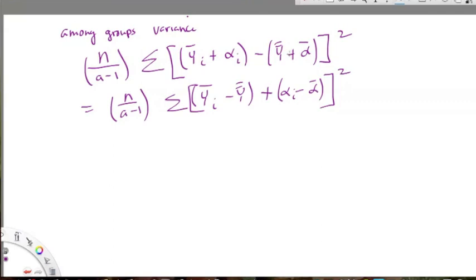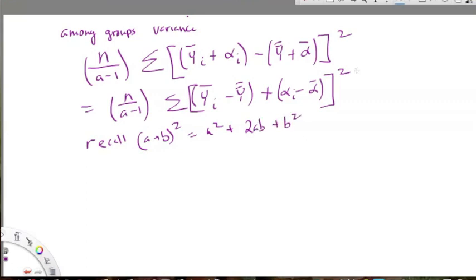Okay, unlike the last time. So now what we have is a plus b quantity squared. So you might want to recall the binomial expansion. A plus b quantity squared equals what? A squared plus 2ab plus b squared.